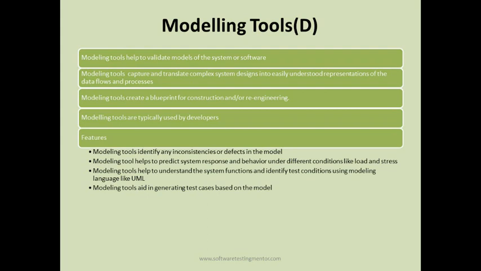Since you have modeled the software, you have the model in front of you, so you can see how the flow of the software is, and then you can figure out the test cases based on that model. That will help you to design better test cases for the complete process or the model.